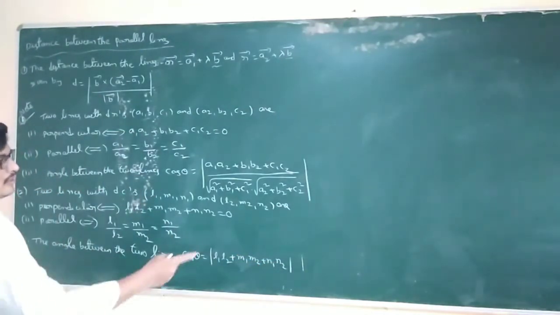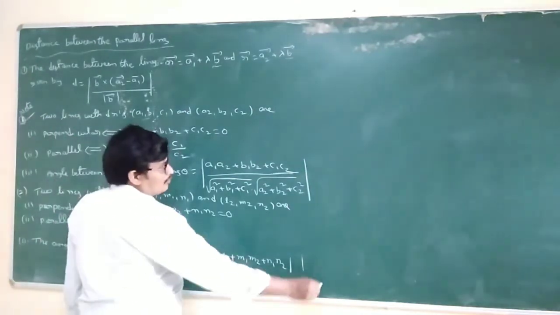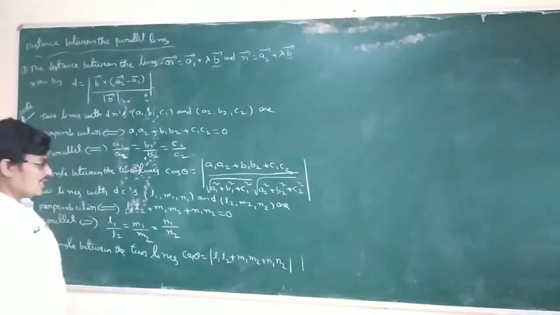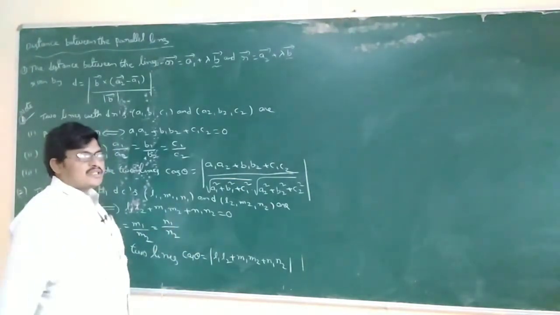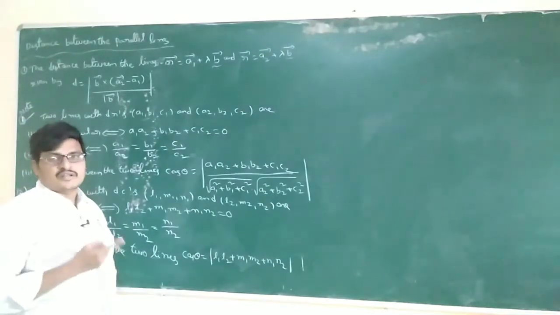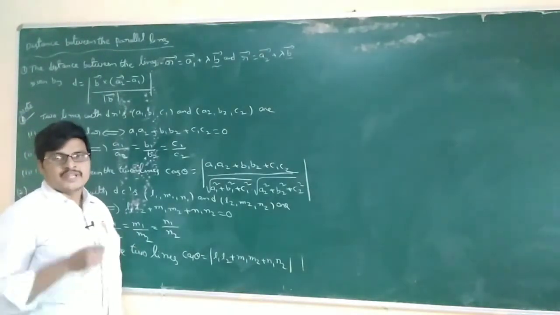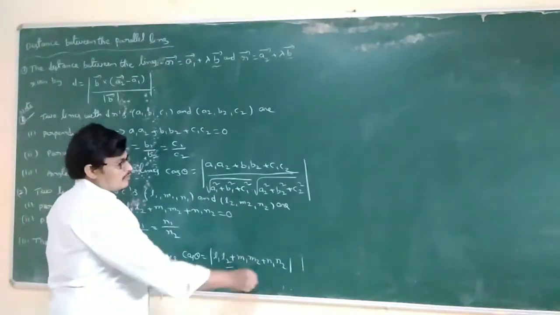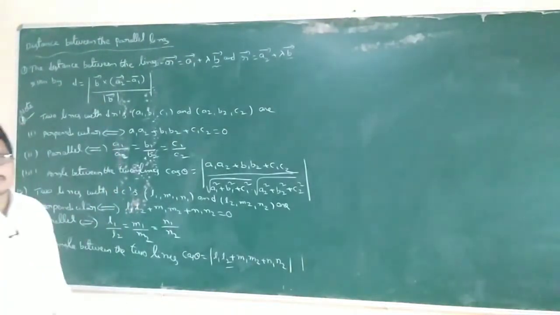Here there is no division by the root, because these are direction cosines. Direction cosines, what is the condition? Relation between the direction cosines: L square plus M square plus N square is equal to 1. So root 1 into root 1 equal to 1.